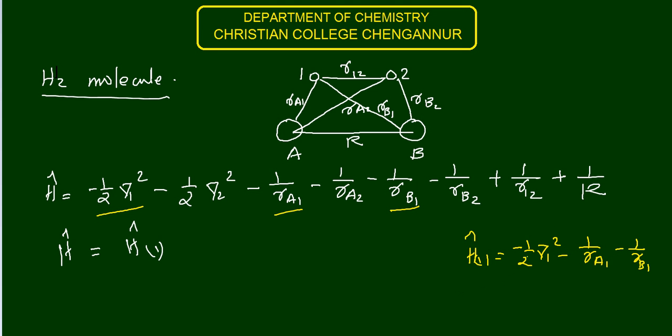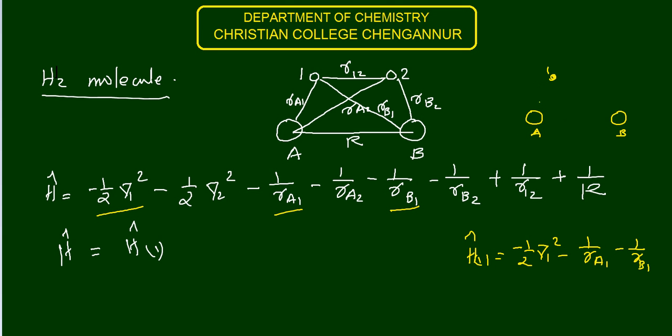Actually, what is that? This is the Hamiltonian operator if we are considering this system, which means we have two nuclei here. We consider nucleus A and nucleus B here, and then we consider only electron 1.